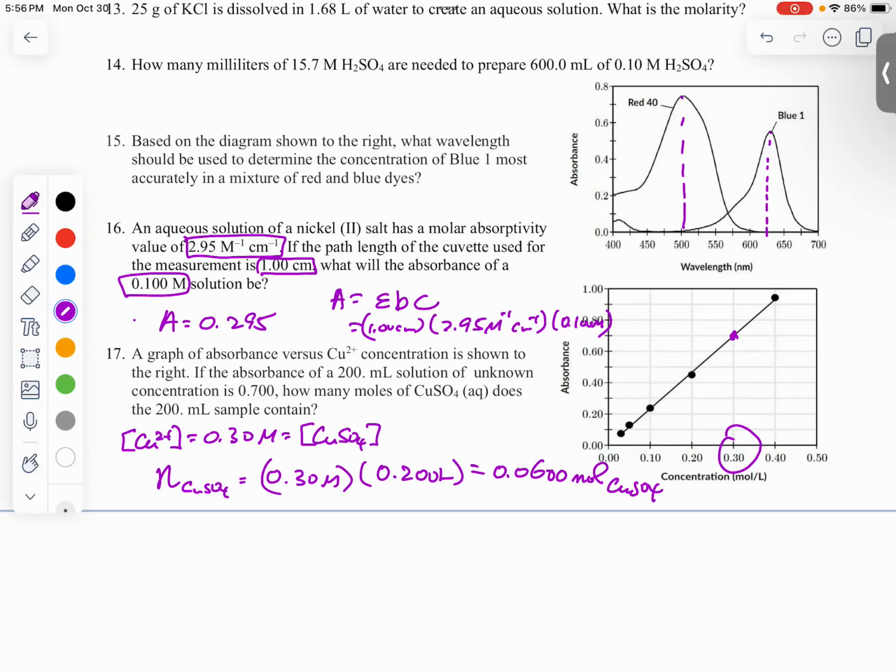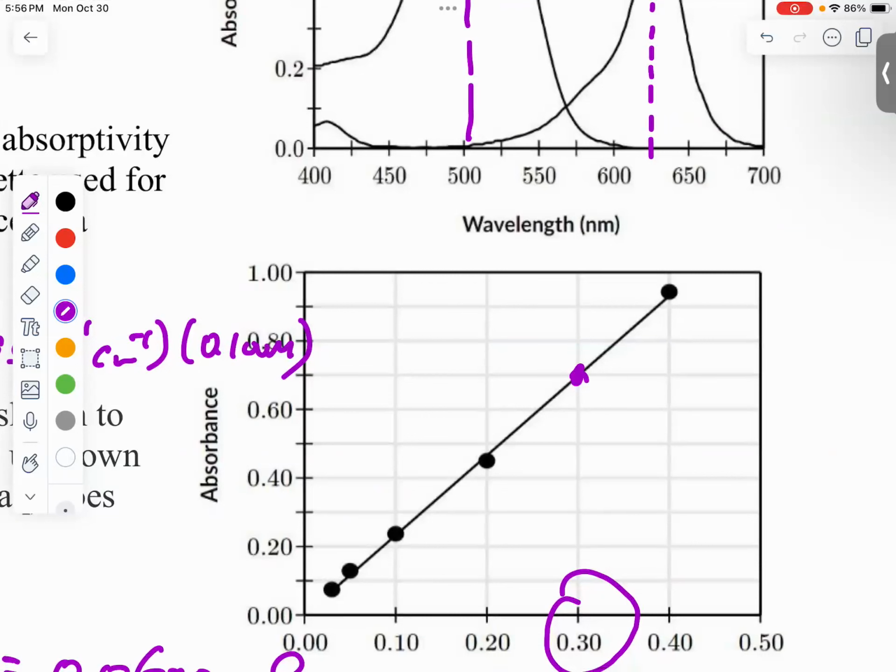So basically, what they're saying is the standard solution is not really the standard. The presumed knowledge is that when we generate a curve like this one, we will use standard solutions of different concentrations. And when we say standard, it has to be done very strictly, very accurately, like to a few decimal places or a few significant figures, so that it is exactly the concentration that we desire.